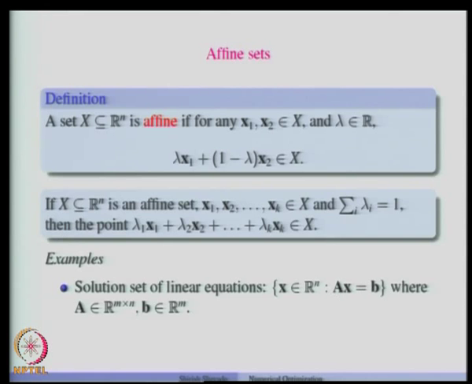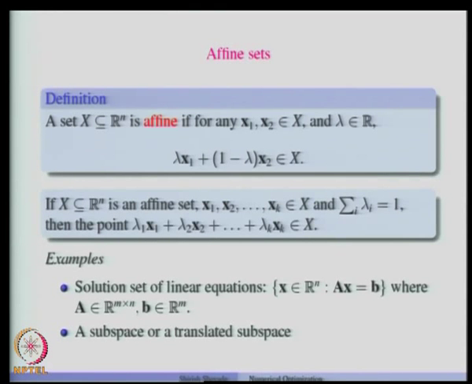So, if we take lambda x1 plus (1 minus lambda) x2, one can show that it also satisfies the system. So, if we take any x such that x equals lambda x1 plus (1 minus lambda) x2, that also satisfies A x equals b. So, any solution set of linear equations of this type is an affine set.